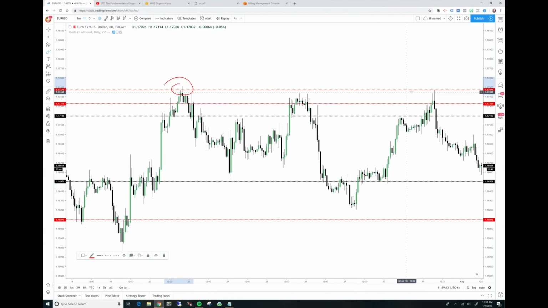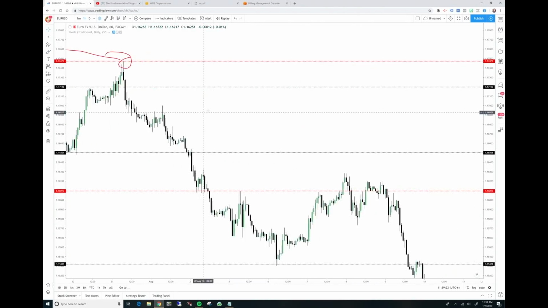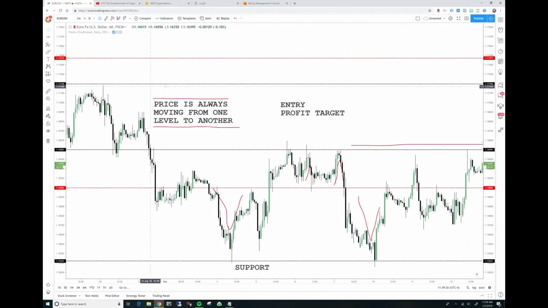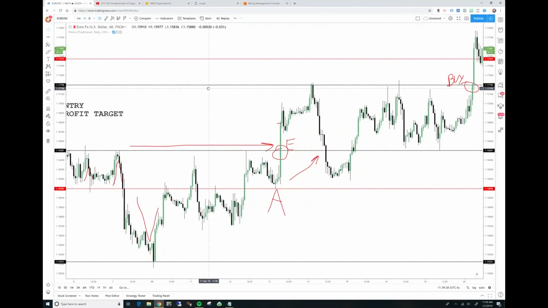I didn't go back far enough originally, but it's clear that price stopped at this level. So let's use that level. So let's say that we had a situation where a trade fired off right here. We could then go back in time and get a level from a previous historical level. And then we just get out.